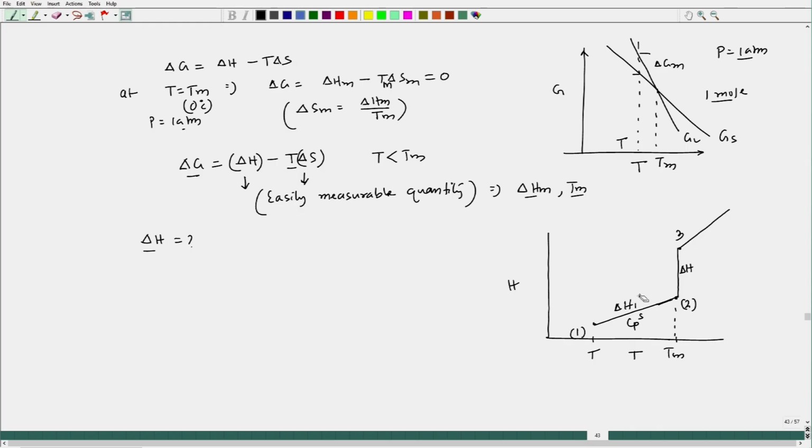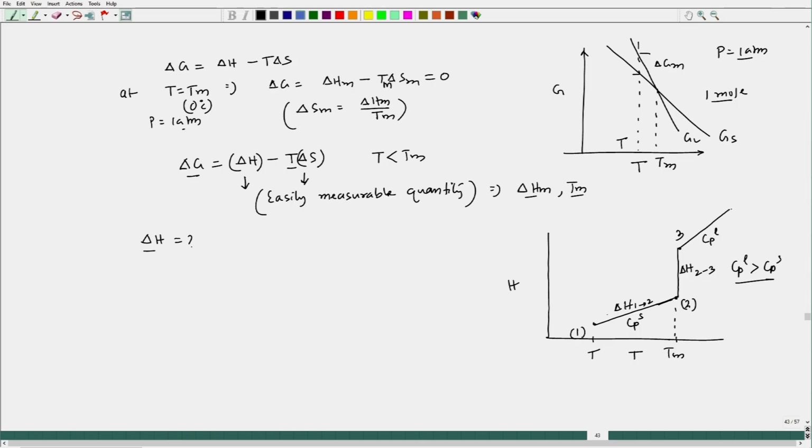So, then I should put 1 to 2, this is 2 to 3, and you see the slope is a little higher than this solid slope. So, this is Cp L, and Cp L is greater than Cp S. That is why I have put that slope a little higher.